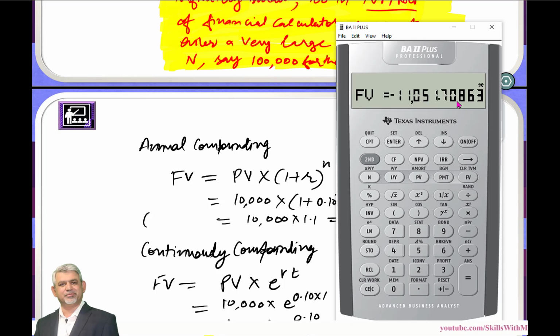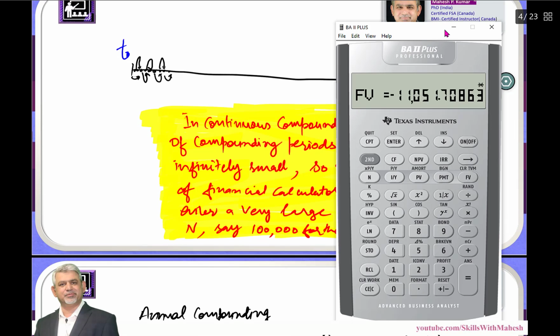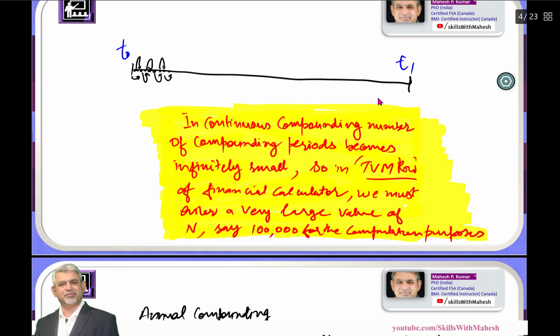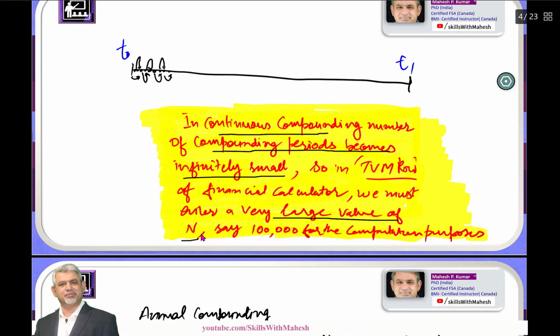So in continuous compounding, periods become infinitely small, so we have to enter a very large value for n, and if we are using the TVM row we can take n as 100,000.